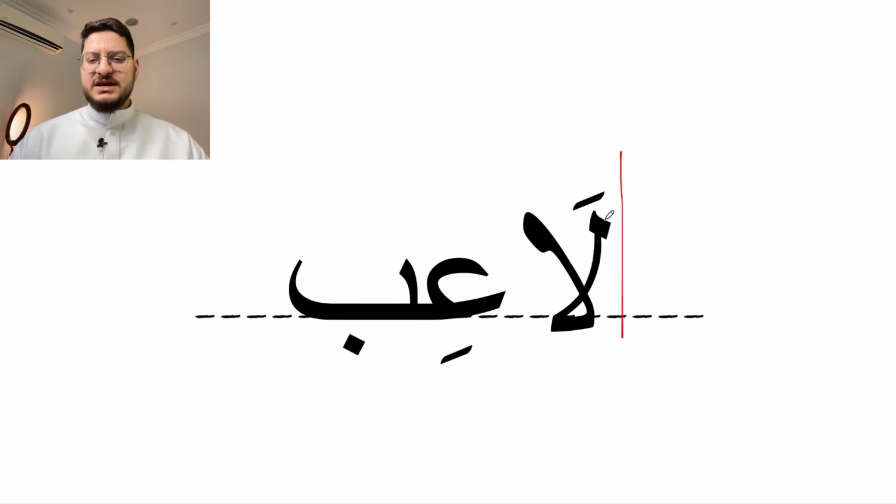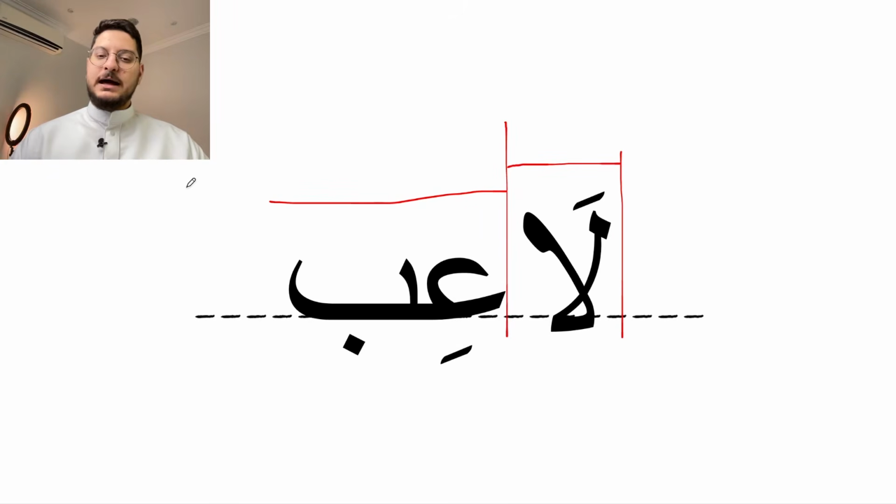We said this shape is just lam and alif. So this is a long la, and that's the first syllable. The second syllable we have the hamza with a kasra, so it's ri, and this would be ib, la'ib, and la'ib is a player.